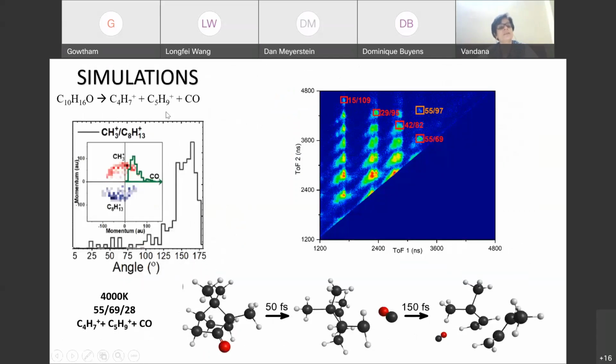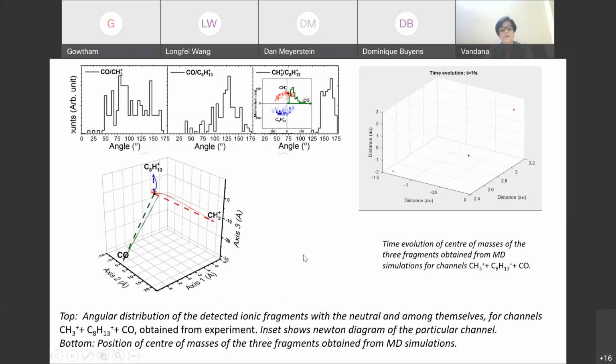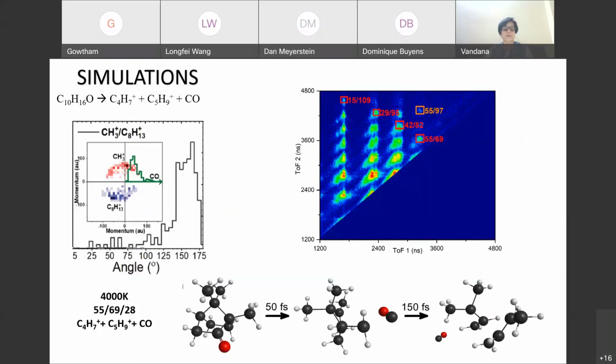The similar thing we did for the other channel as well, wherein we increased the temperature further, and nothing happened until about 4000 Kelvin. But beyond 4000 Kelvin, we start to see that some other changes are happening.